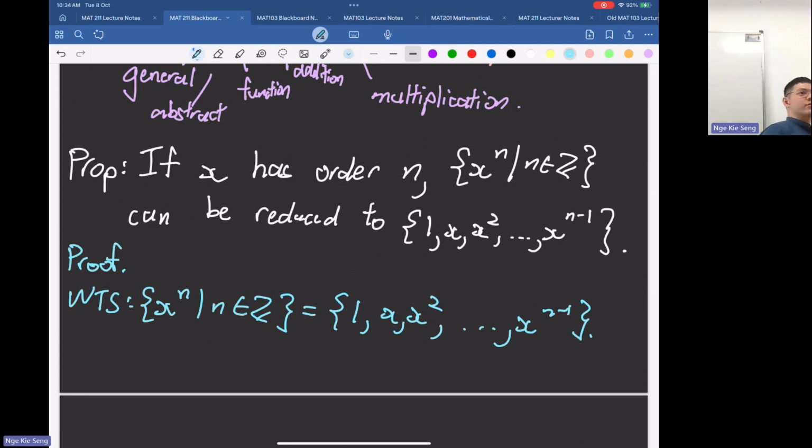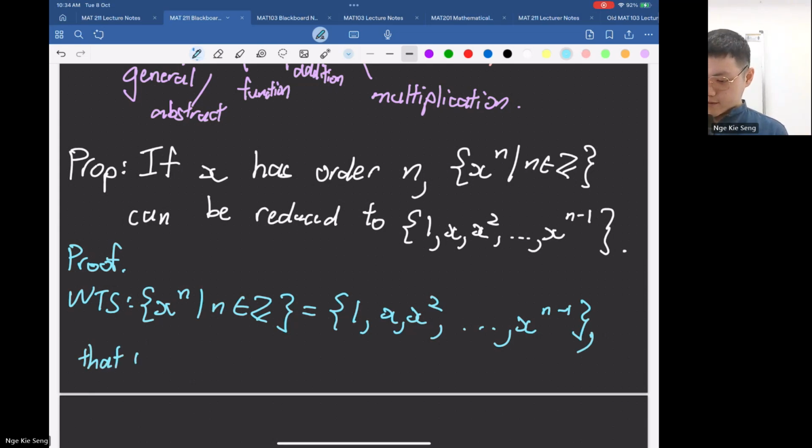One way is obvious. Which way is obvious? I want to do shorthand.